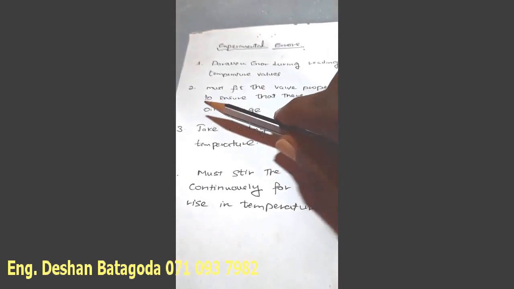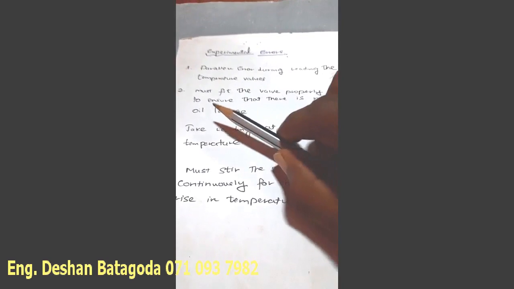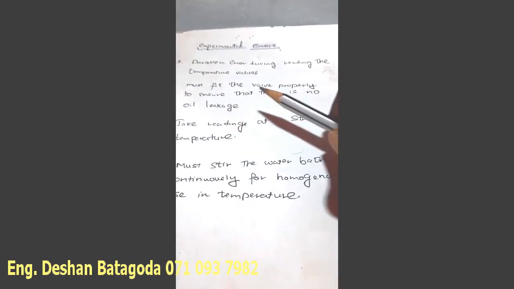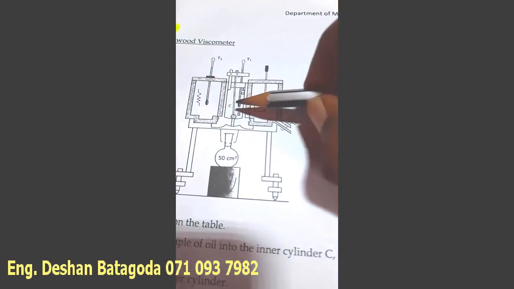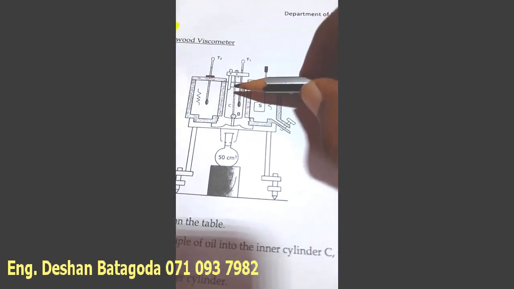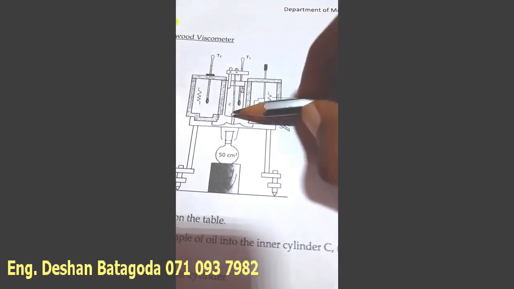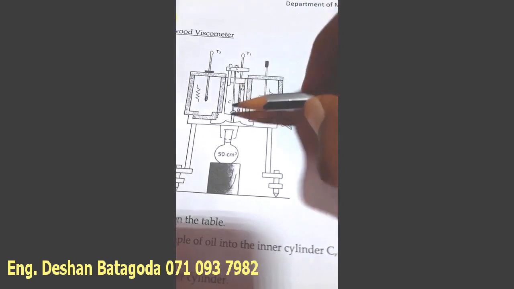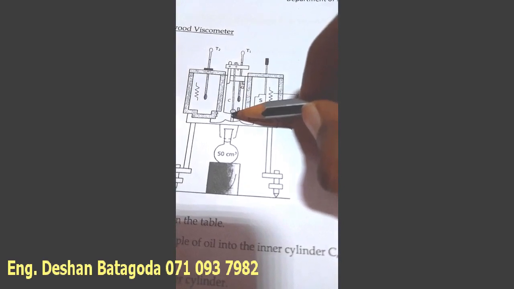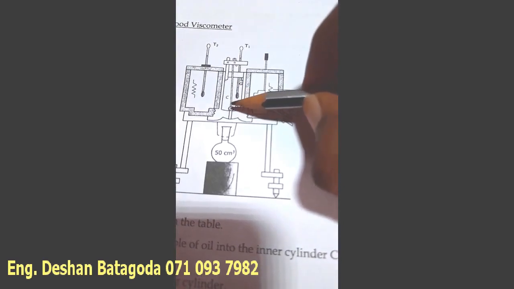Then the second point. Be very careful, you must fit the valve properly. What I refer to as the valve here is this locking mechanism, or in other words, this is not a lock, this is something like a valve. We can lift this valve if you want to open this hole in order for that liquid to pass through.